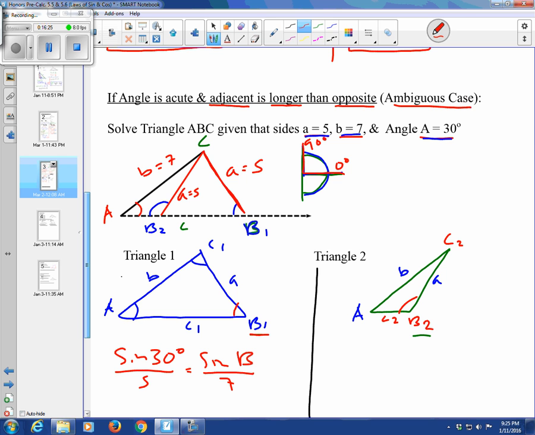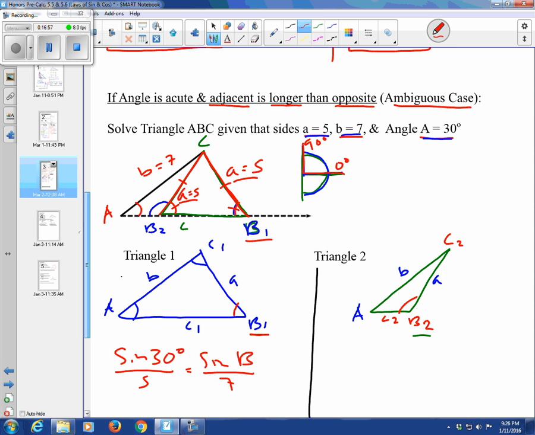But the thing we want to notice here is we've actually got an isosceles triangle within our two triangles created by that side A equals 5 being repeated. And basically what we're seeing from this isosceles triangle is that this angle B1 is congruent with this angle on the other side of the isosceles triangle, because we know that this side is of length 5 and this side is of length 5.